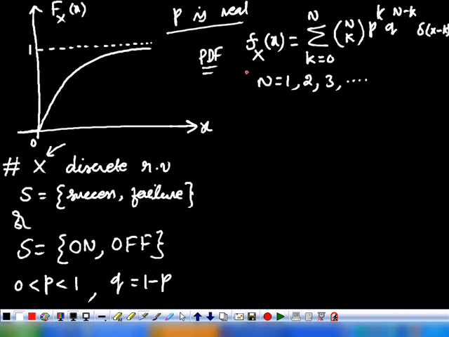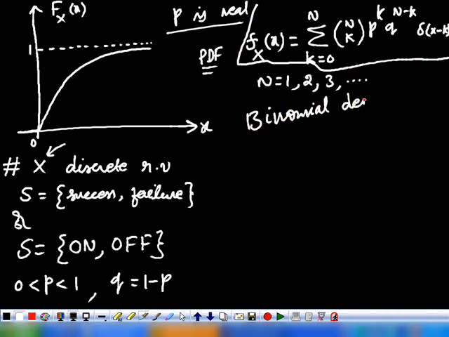So this particular density function that we have written here is the binomial density, and the random variable is called the binomial variable, or binomial probability density, which is defined for a discrete random variable.